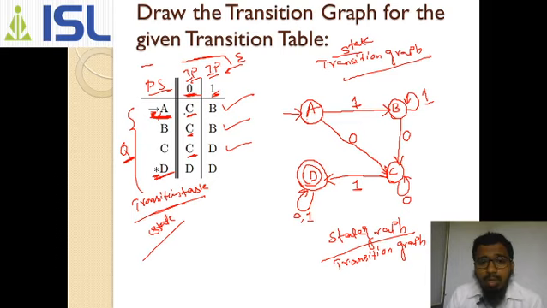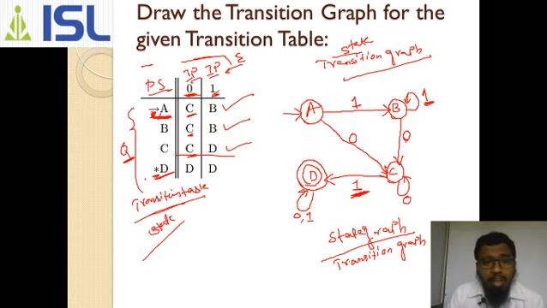In the same way, from B to C it is going when the input is 0. B to B is going when the input is 1. Next one is C. It's going from C to C when it is 0, and from C to D when the input is 1.